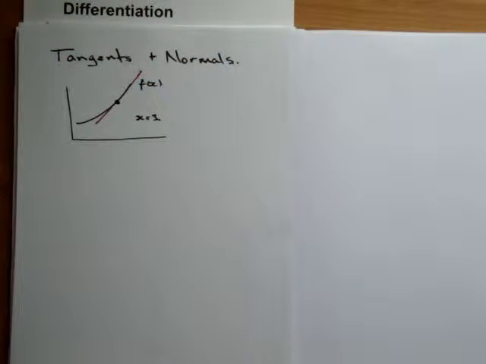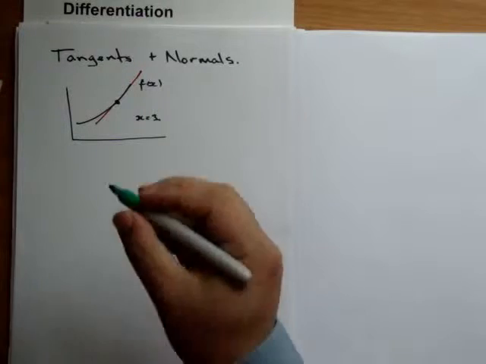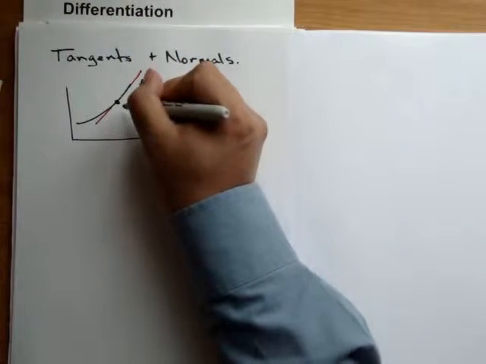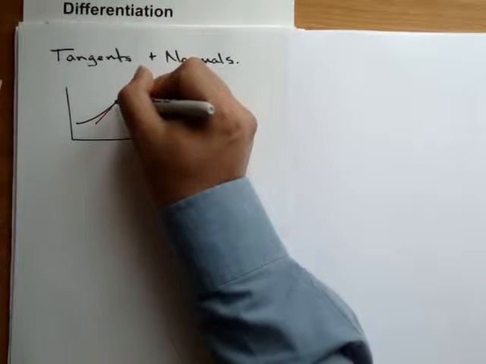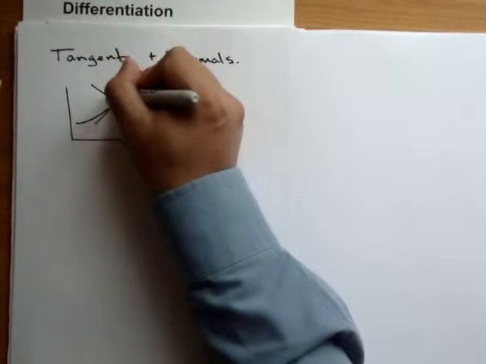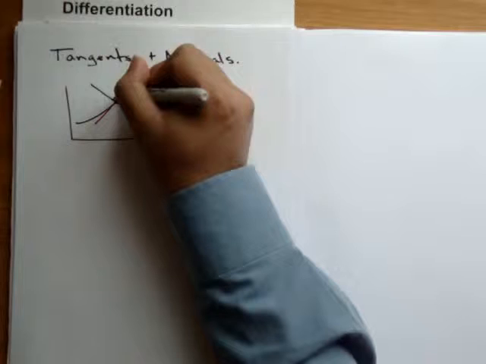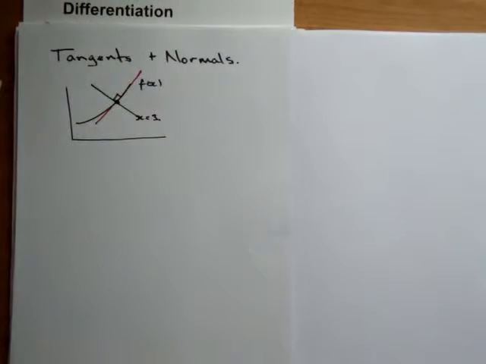So that would be the tangent at that point to the curve, and then the normal is 90 degrees at that point to the tangent. So the green one is the normal.